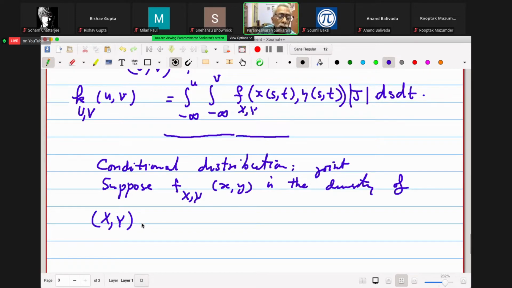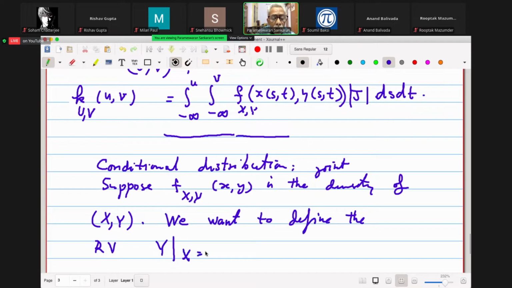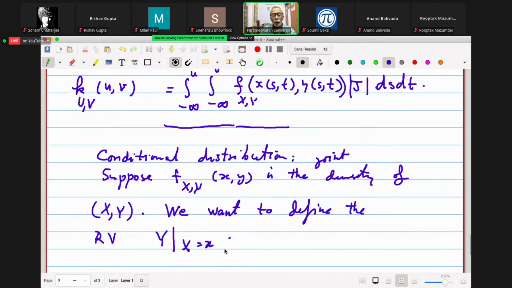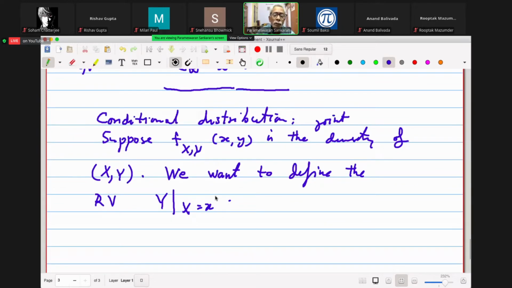We want to define the random variable Y given X equals x, but this makes no sense on the face of it.